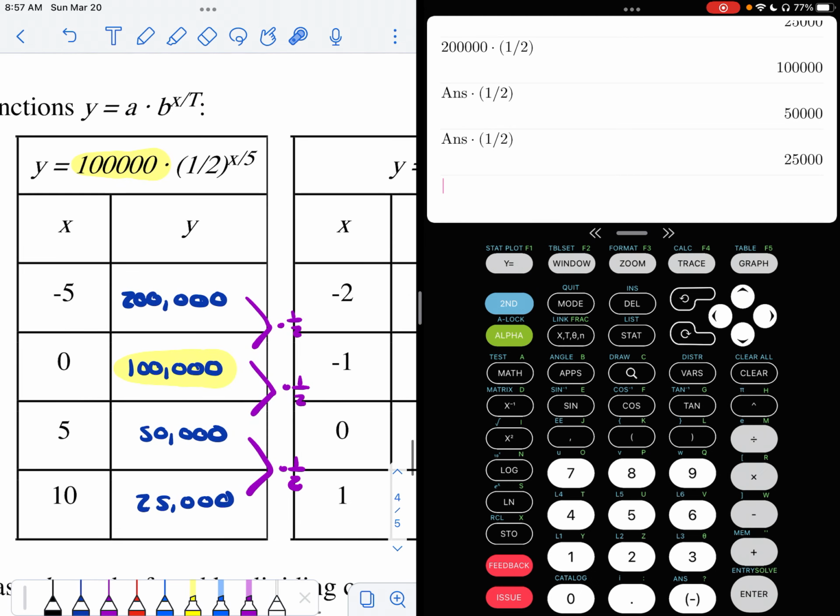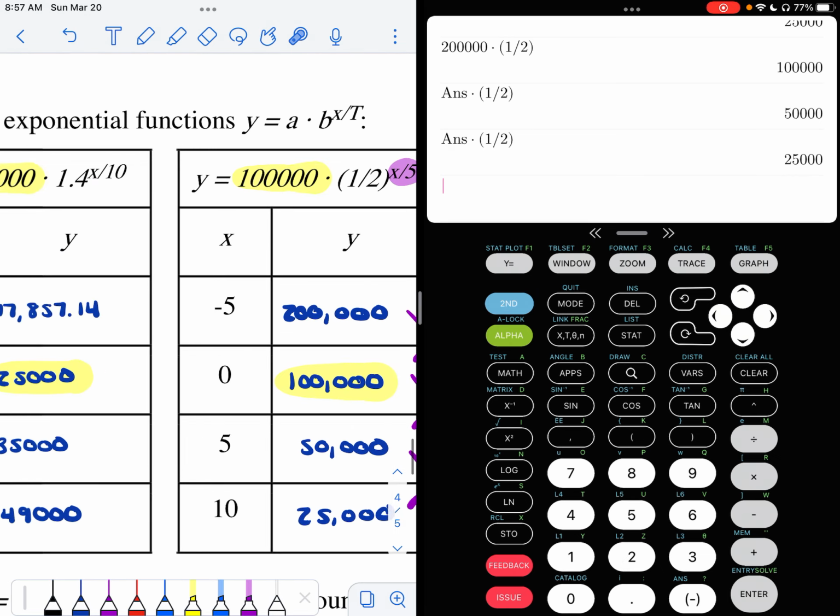The reason why we still see that pattern, that we multiply by the base to get from each number to the next, is because of our exponent up here. Notice that in our exponent we have x divided by 5.